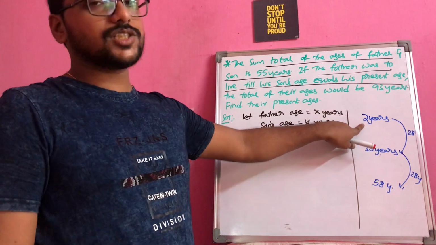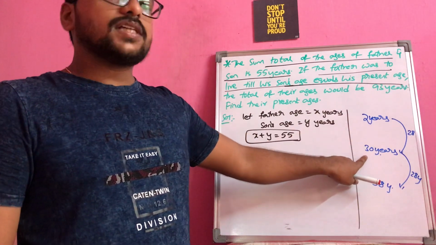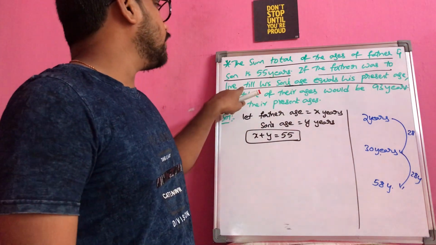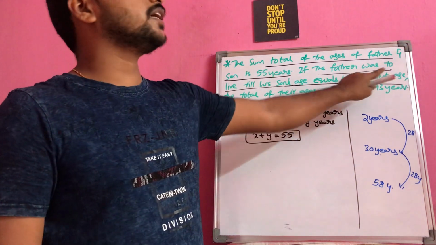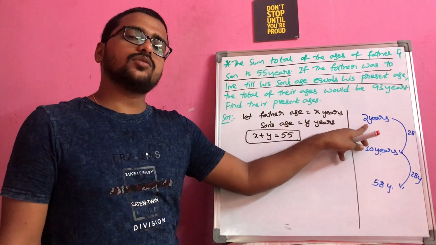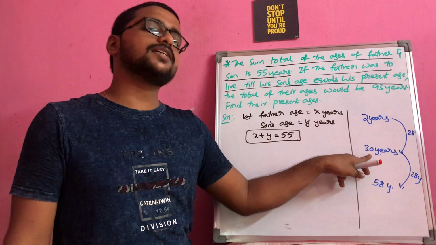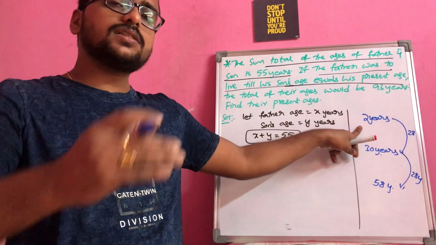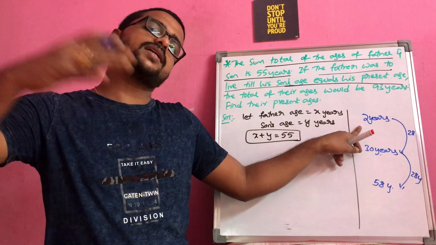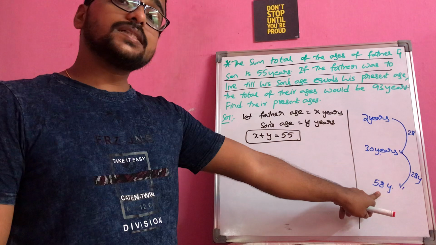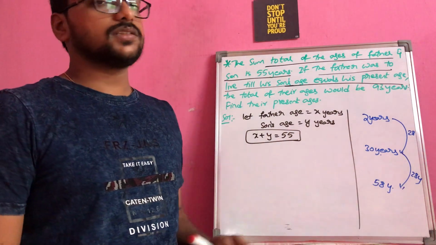If my son's age is 2 years and my age is 30 years, what is my condition? If I want to live till my son's age is equal to my present age, that means 30 years, I have to live 28 more years. That means in those 28 years, my age also will go to 58. So that's how my age will become 58 years.